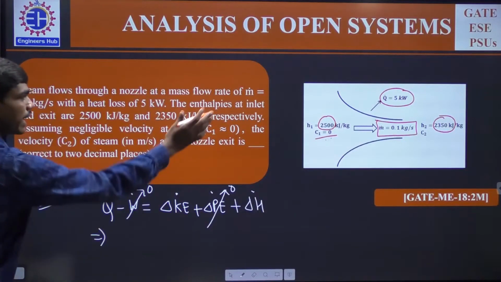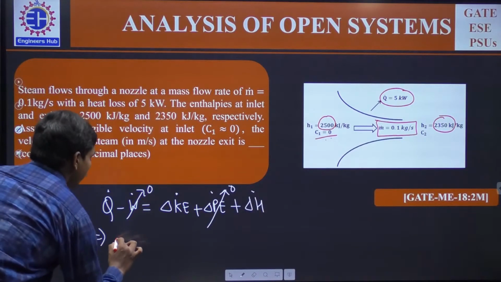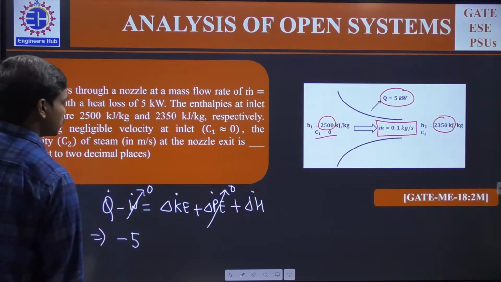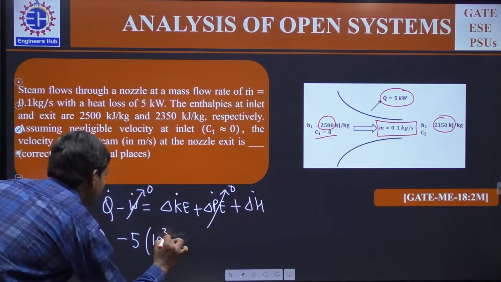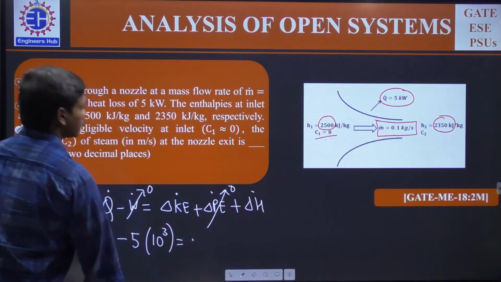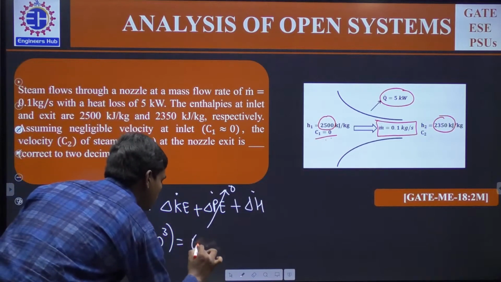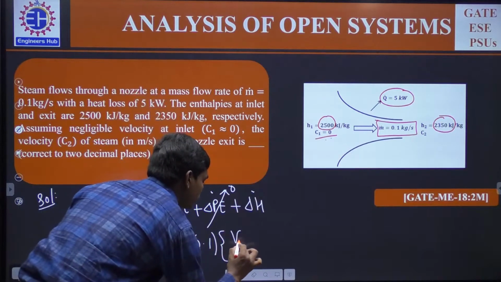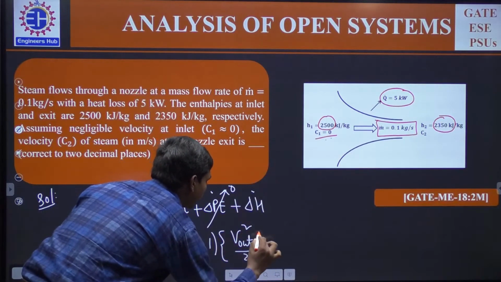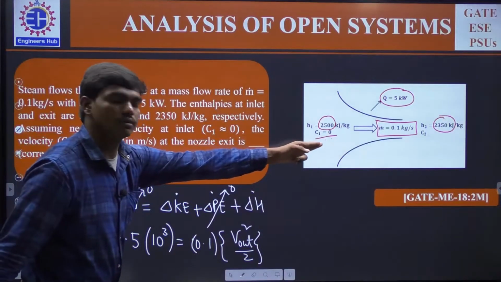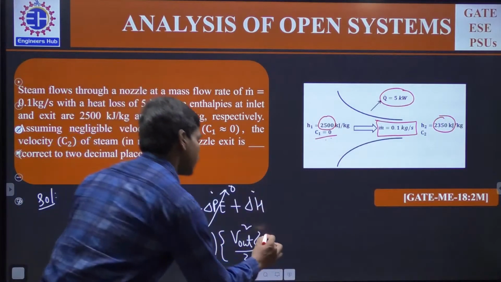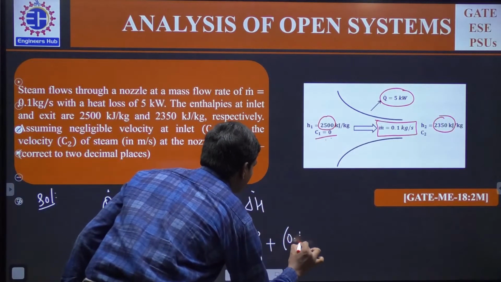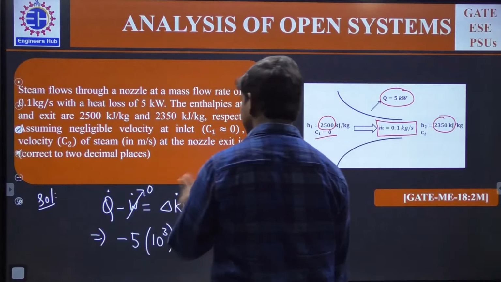So Q dot is minus 5 kilowatts, because heat is being lost from the system. Put 10 cube for the kilowatts, equal to m dot, which is given as 0.1, into V out square divided by 2, because V inlet is given 0, C1 is 0, plus delta H. M dot again 0.1 because mass flow rate is the same throughout, into H2 minus H1, meaning H out minus H initial.